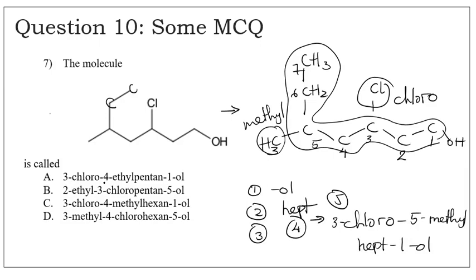Kind of looks like this one. I think this question may say 4-ol. I don't even know how it has that. Is there an extra carbon somewhere? All right, let's create a part E, and that's the answer.